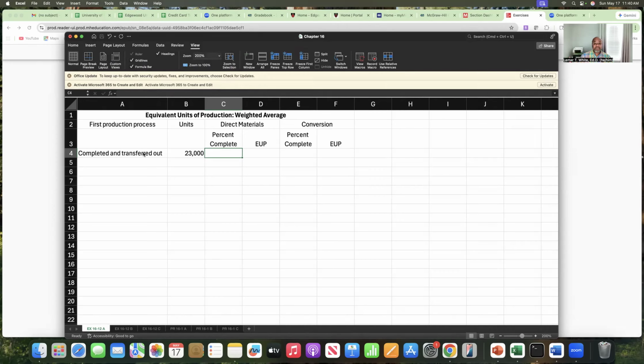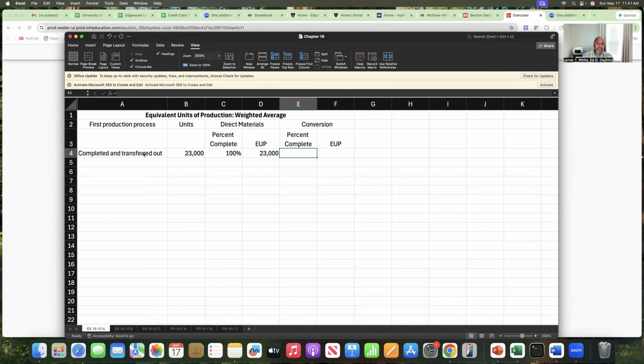So that means 100% of direct materials have already been added at the beginning of the production of whatever they're making at this company. So we're going to put 100% here for our percent complete under direct materials. And so then we get 23,000 times 100% gives us our equivalent units of production, which would be 23,000.